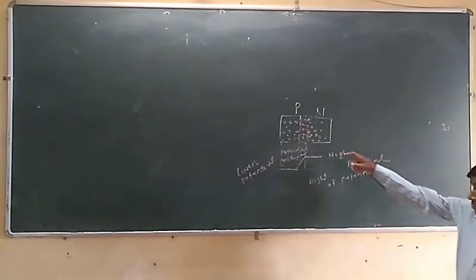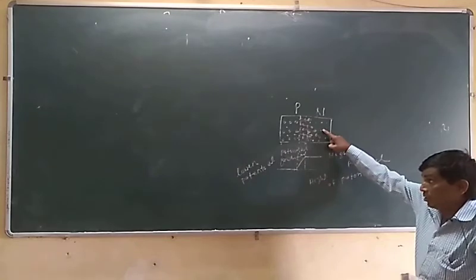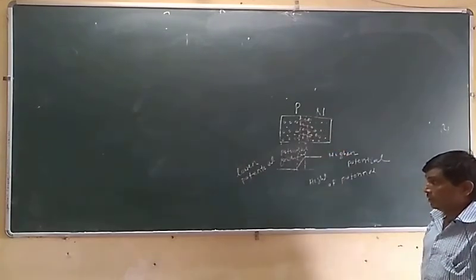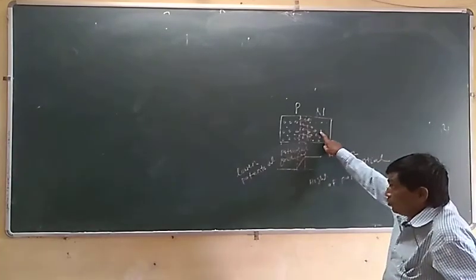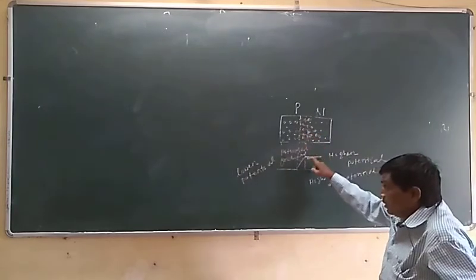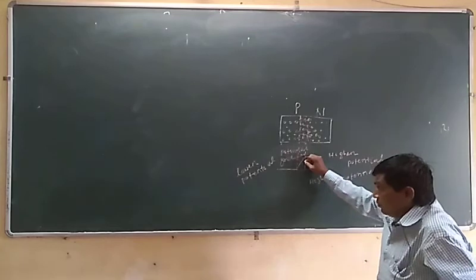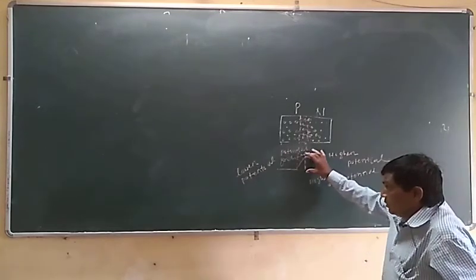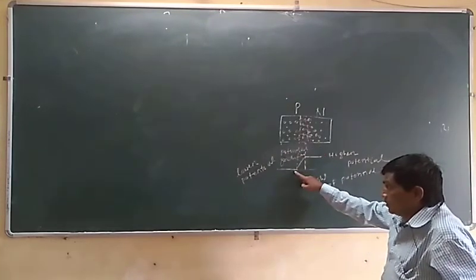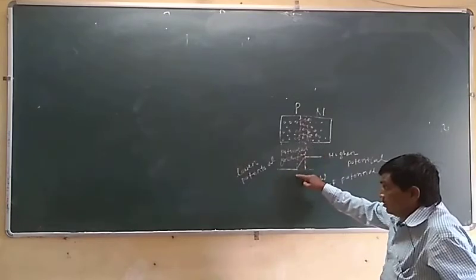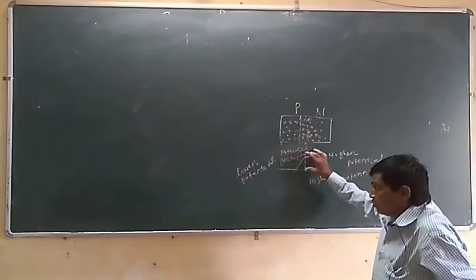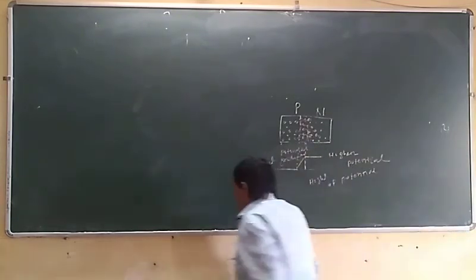When these charged particles, the electrons on the N side, wish to move to the P side, it is not possible, because there is a border, known as the depletion layer or a barrier. It is also known as the barrier potential.